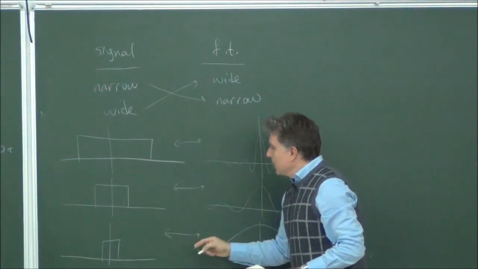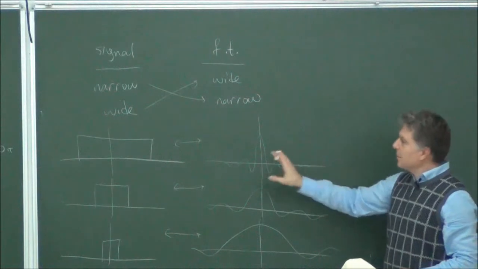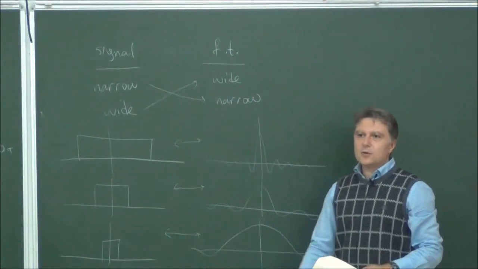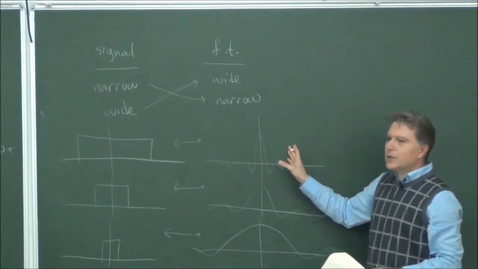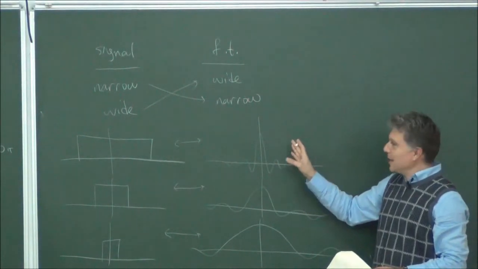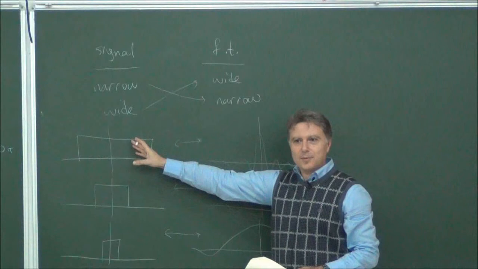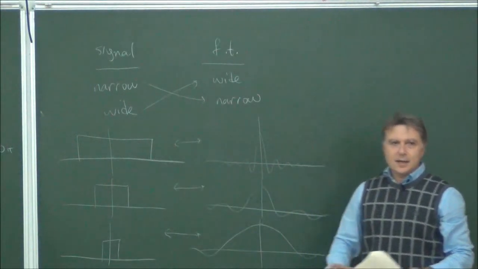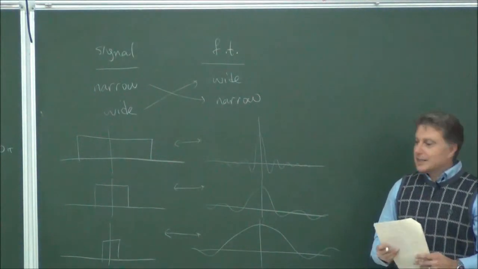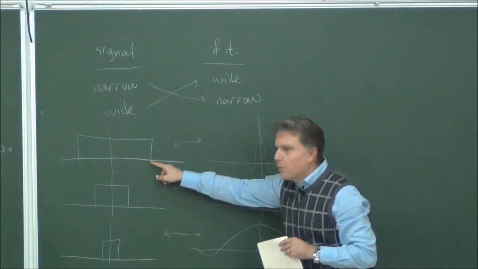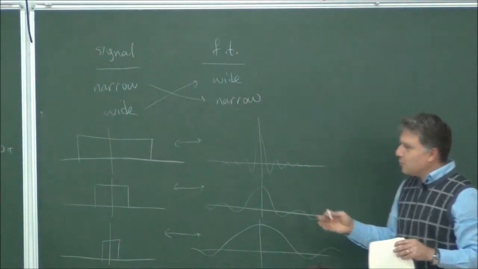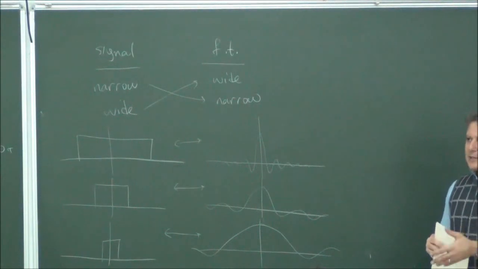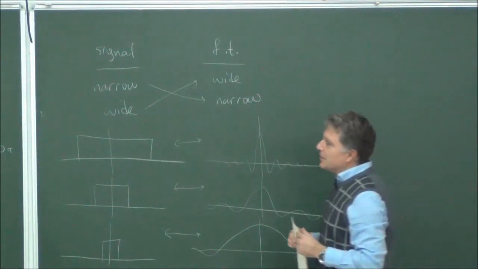And guess what? The left-hand side and the right-hand side of these double-sided arrows, it doesn't matter. If this is your time signal, this is your Fourier transform. If this is your time signal, then this is your Fourier transform. Except for these particular points, of course, you need to evaluate them separately, but shape-wise, the Fourier transform and the inverse Fourier transform are the same.